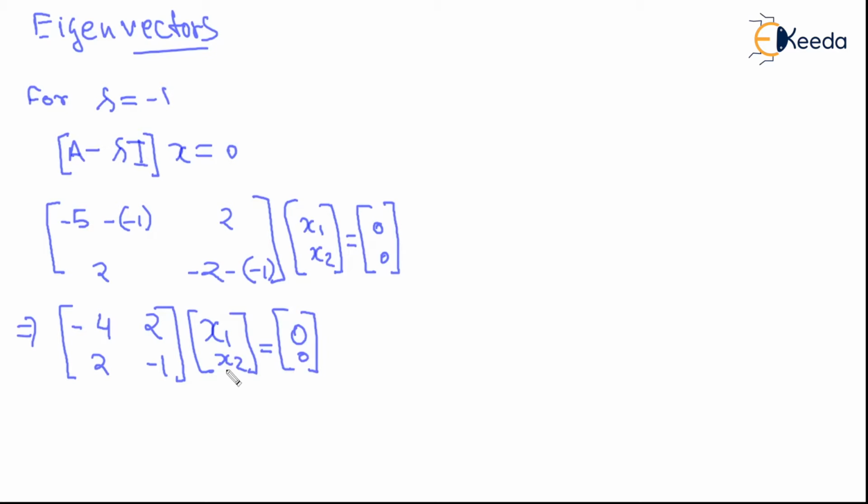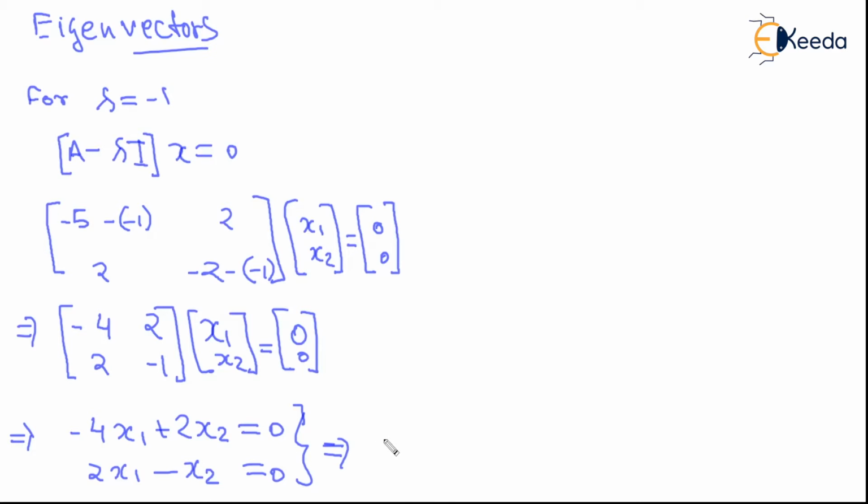So what is it? If we split it into the different equations, we'll get -4 times x1 plus 2 times x2 equal to 0, and 2 times x1 minus x2 equal to 0. These are the equations we are getting from this equation. And this gives x2 is equal to 2x1.